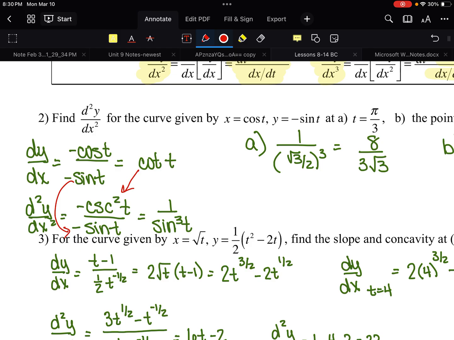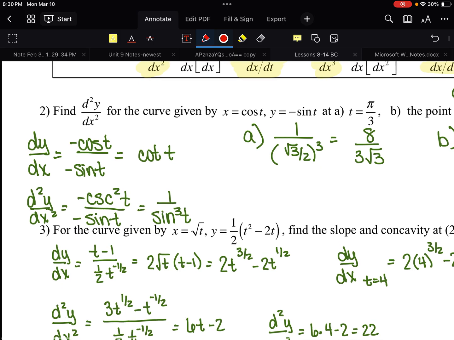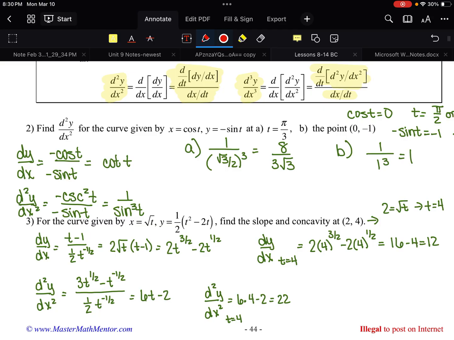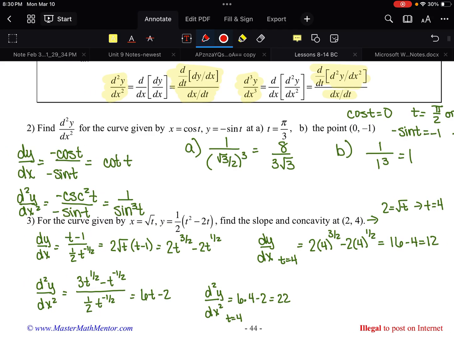When you simplify that, one way is just 1 over sine cubed. Cosecant squared is 1 over sine squared, divided by another sine would be 1 over sine cubed. I'm not going to spend a lot of time on this. You plug in pi over 3 for t, and then algebra gets you 8 over 3 root 3.